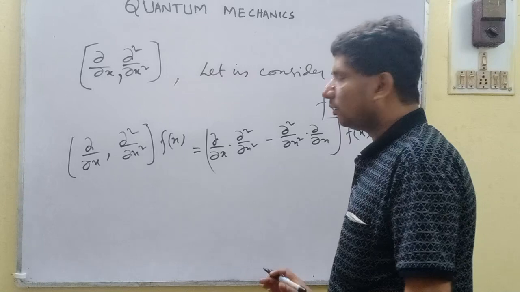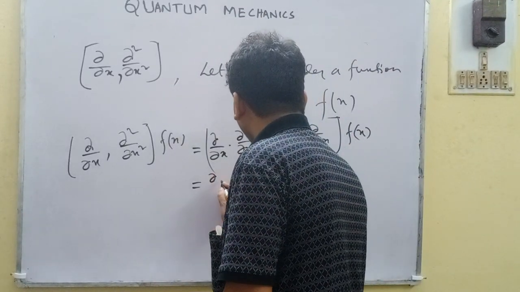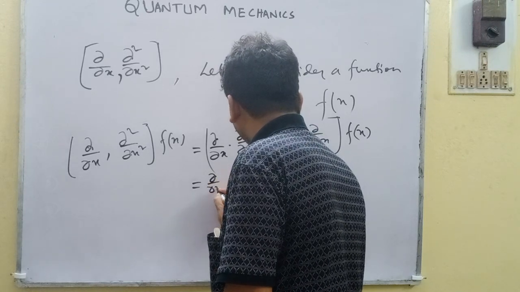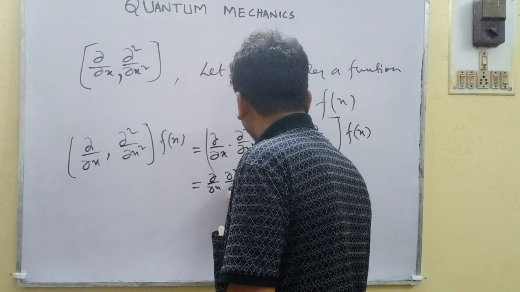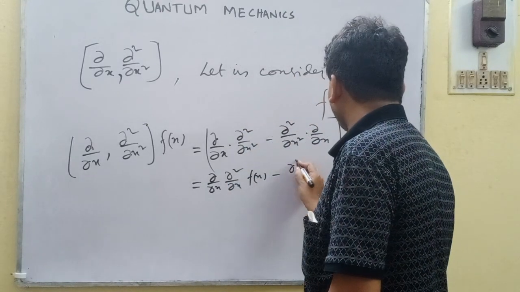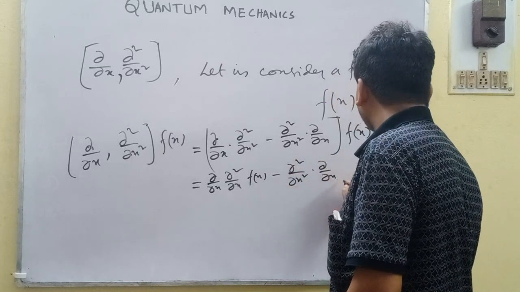Then del x del 2 by del x 2 f(x) minus del 2 by del x 2 into del x f(x).